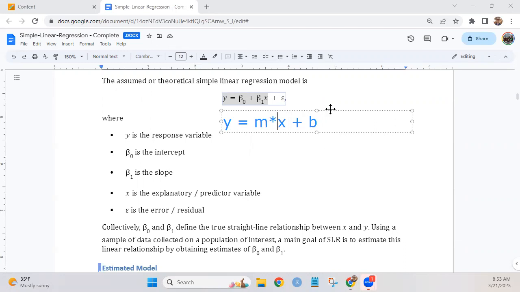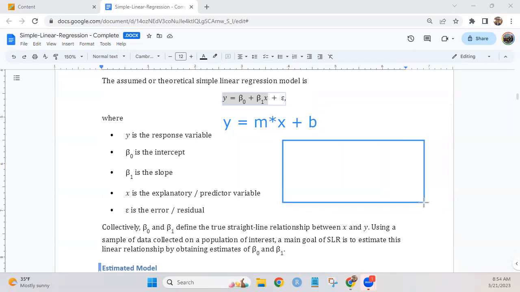And then the reason there's the epsilon term is because, if you plot this out and you have x and you have y, y equals mx plus b tells us that there's a straight line relationship like this, which maybe is the case, but often when you observe points for a real data set, it looks something like this.